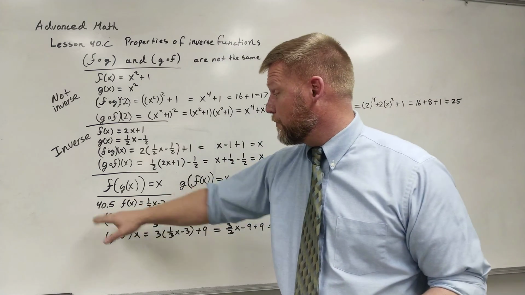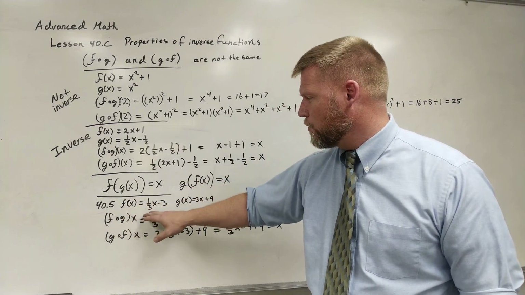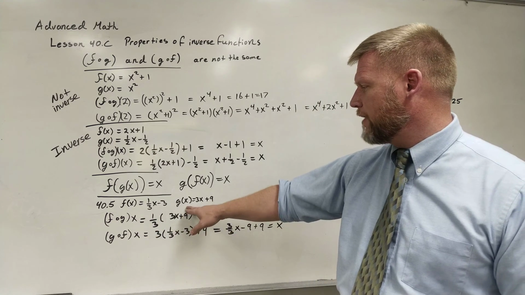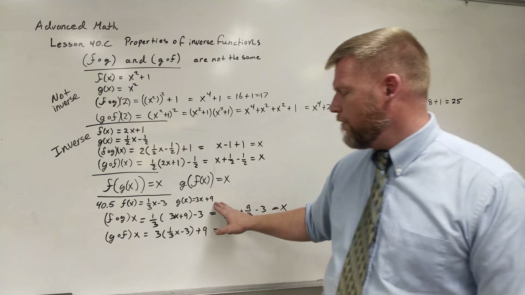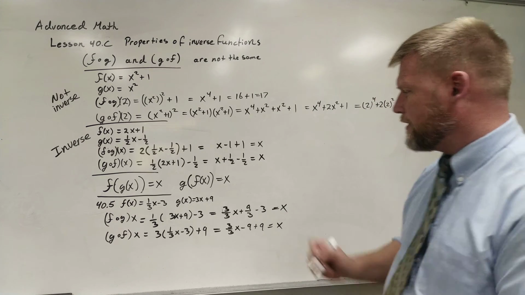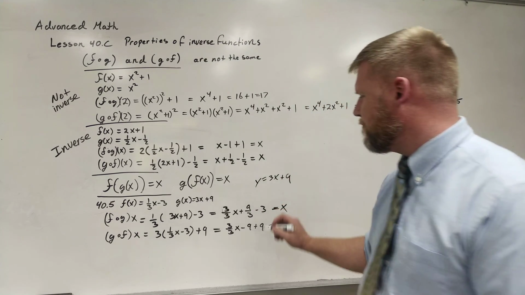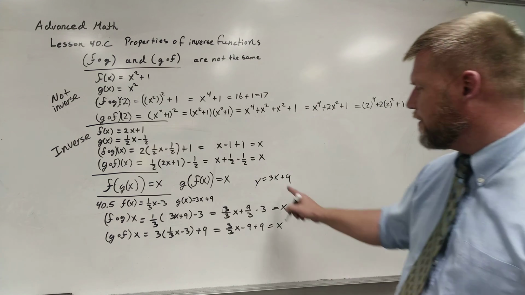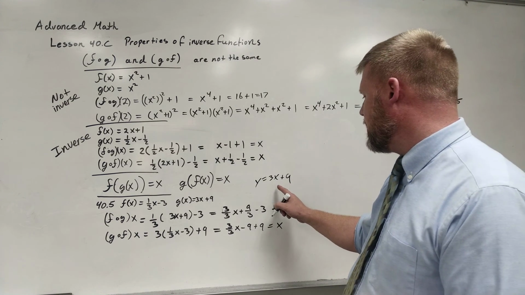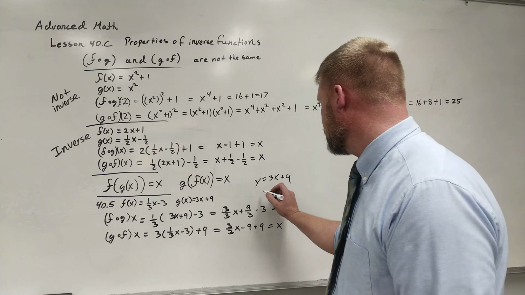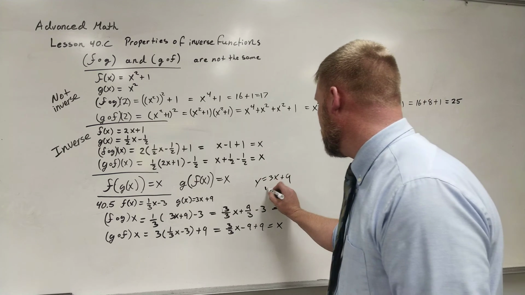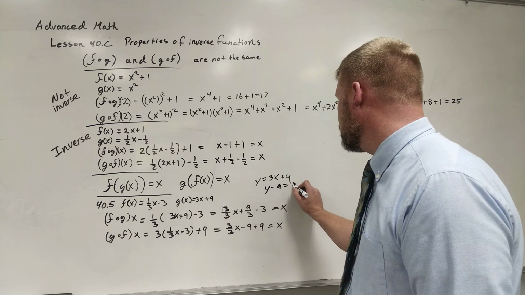40.5, this is the example, says the f of x equals 1/3 of x minus 3, and the g of x equals 3x plus 9. Now, if I worked this problem out and I said y equals 3x plus 9, and I said find the inverse function of this, I would move the 9 over to the other side and get y minus 9 equals 3x.